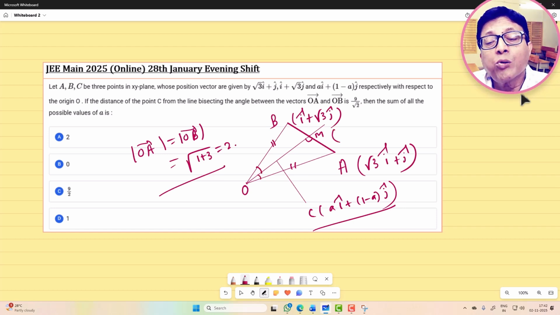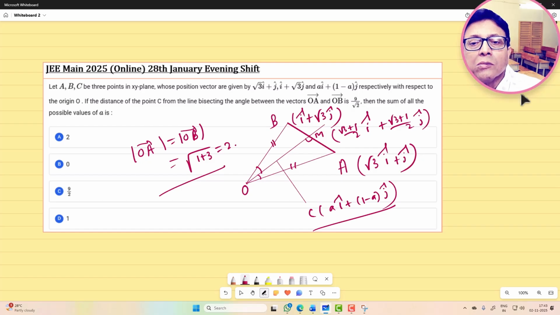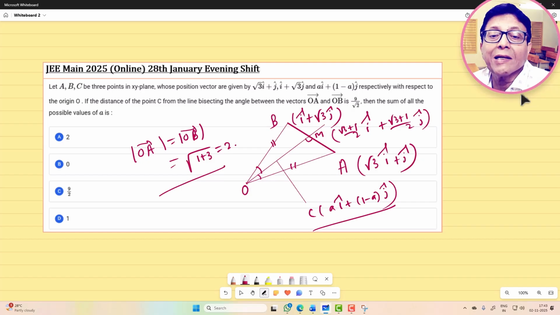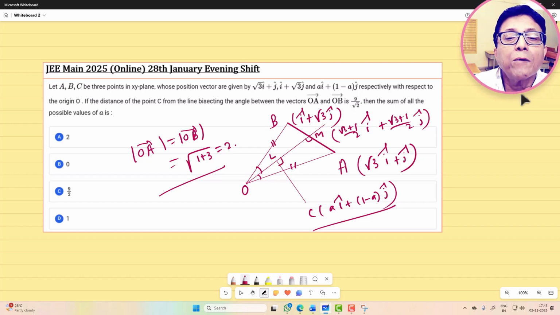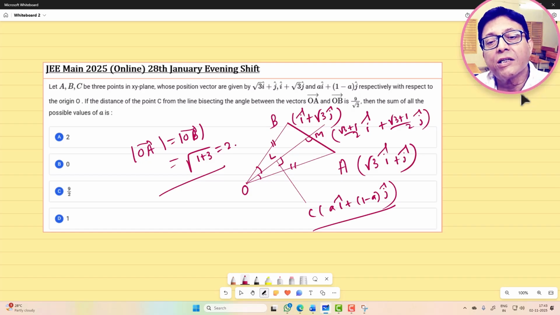So M has coordinates (√3 plus 1)/2 i. So if we don't consider vector anymore, then the equation of OM we can state.